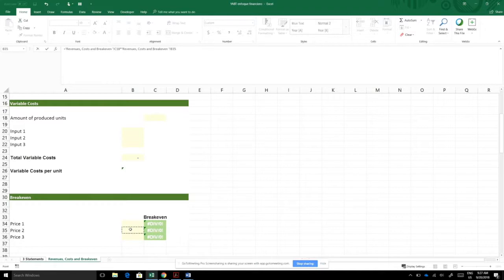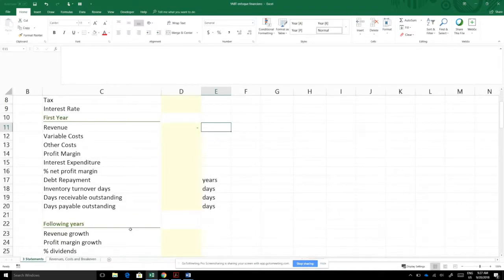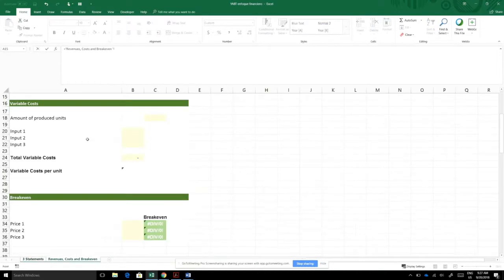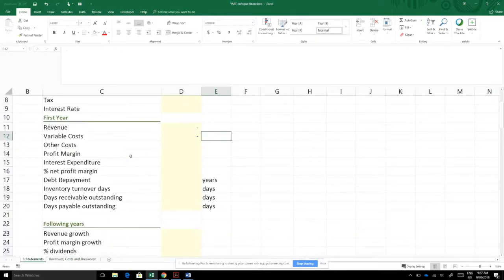So we're assuming that you're going to sell everything, right? And then variable cost is going to be this one, and other cost is going to be your fixed cost.